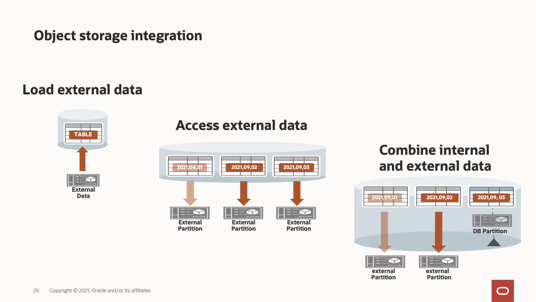Now, if we're looking at Oracle 19c and its capabilities of hybrid partitioned tables, we can now go a step further and even logically combine data that is stored in the object store and data that is stored inside the Oracle database, and combine them to one logical object that the application is working with.